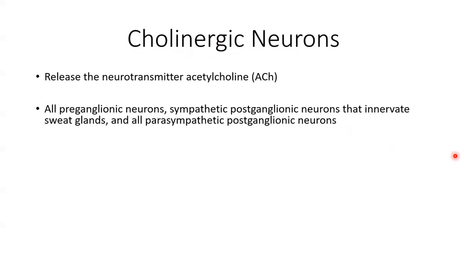They include the sympathetic postganglionic neurons that innervate our sweat glands, and they include all parasympathetic postganglionic neurons. So to recap that, cholinergic neurons are all of our preganglionic neurons, all of our parasympathetic postganglionic neurons, and the sympathetic postganglionic neurons that innervate our sweat glands.